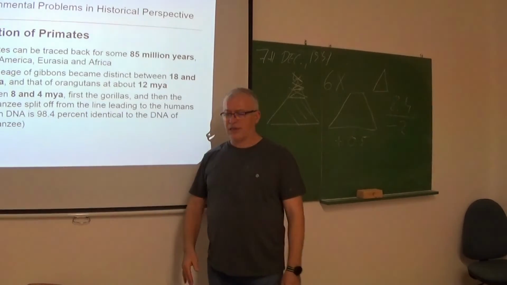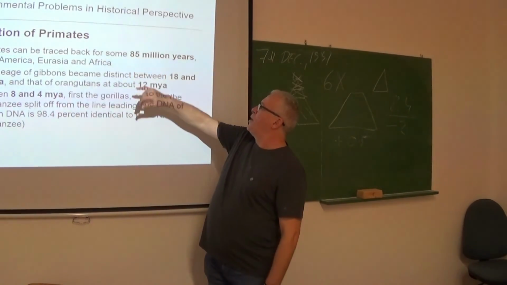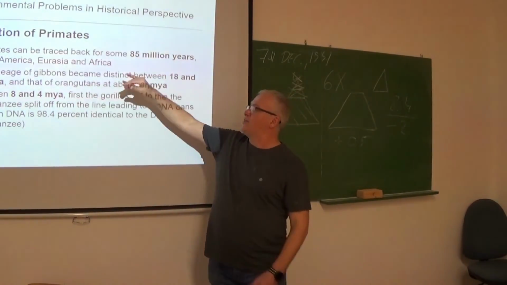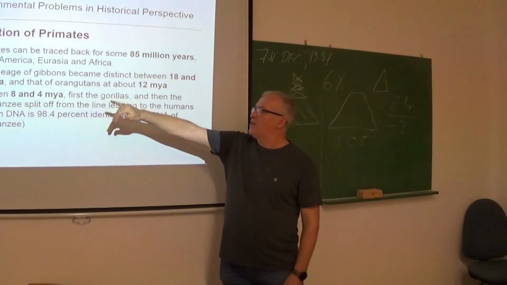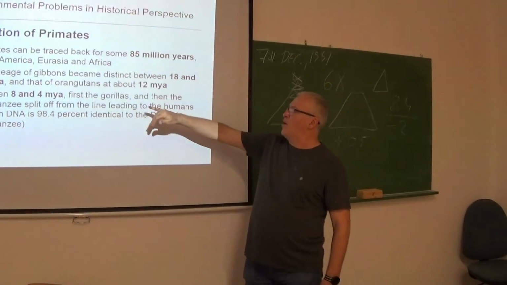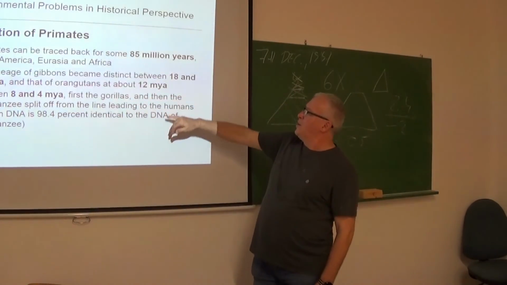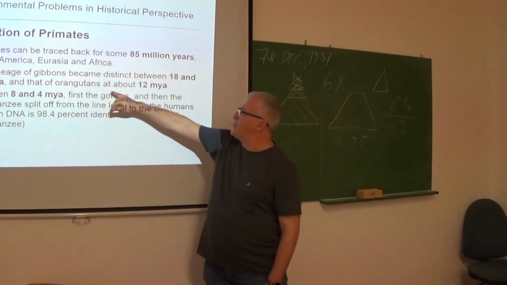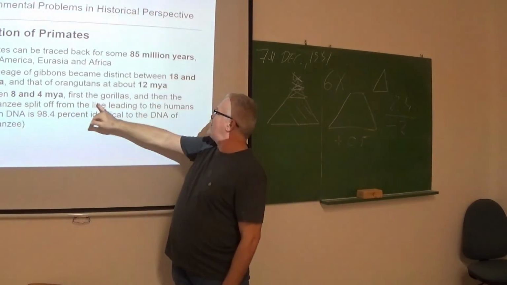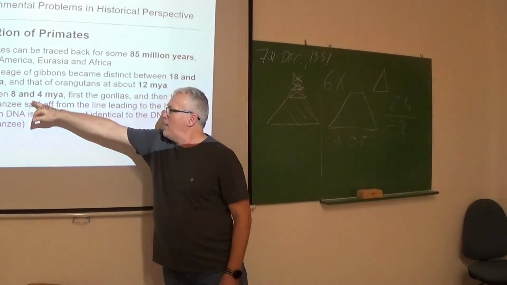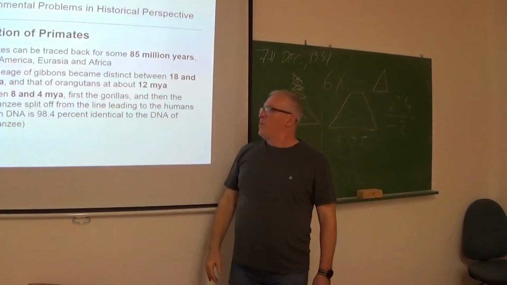Our primates track back until 85 million years ago, and the bifurcation between 18 and 12 million years ago was the orangutans, and 12 million years ago the gibbons and the orangutans, and between chimpanzees and gorillas and the chimpanzee happened between 8 to 4 million years ago.